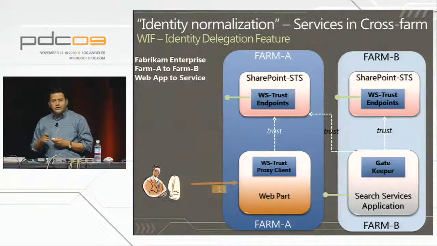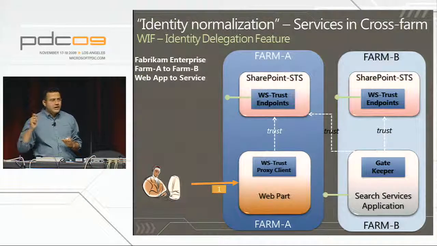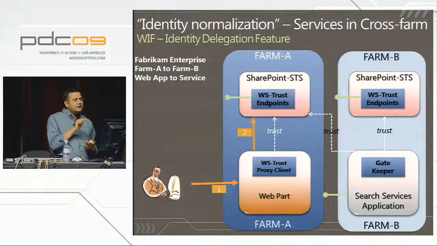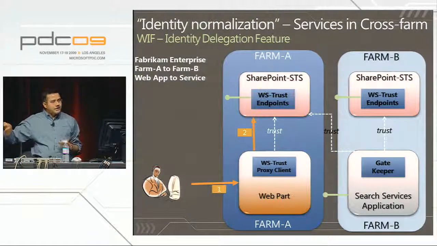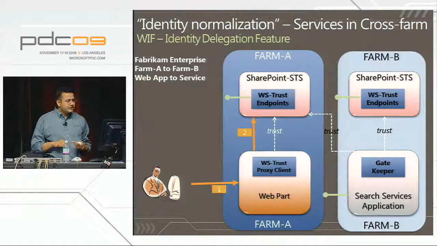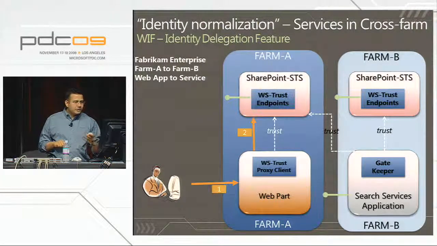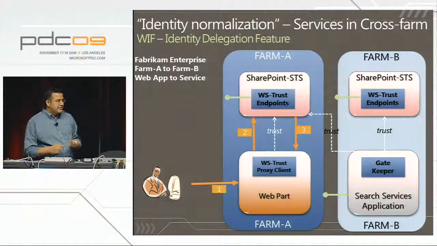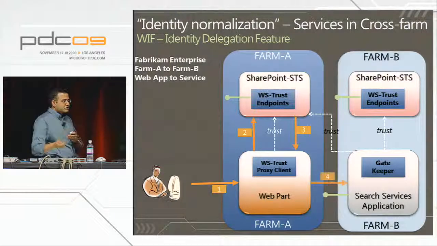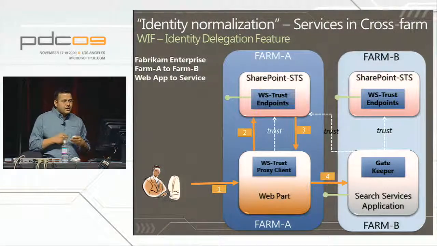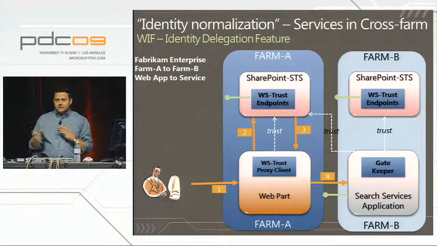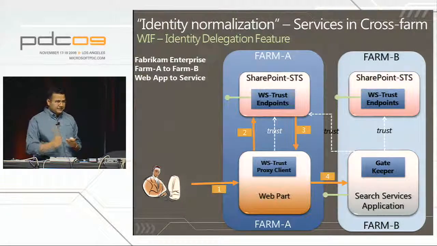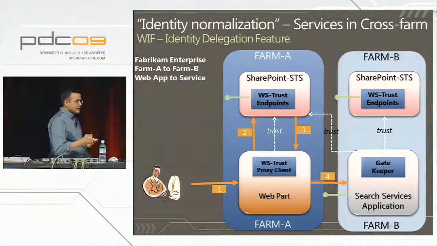So let's quickly go through the flow in this particular scenario. I have the user clicking the web part. Now I know the web part is saying you need to talk to the service in Form B, so go and get a token from the STS, and it presents T1, the user token, and gets back T2, which has the user and the process information, and gives that token to the services in Form B. The gatekeeper will then figure out, okay, yes, I trust the SharePoint STS in Form A, so I'm going to accept the token, and then enumerate the claims out of that token as well.